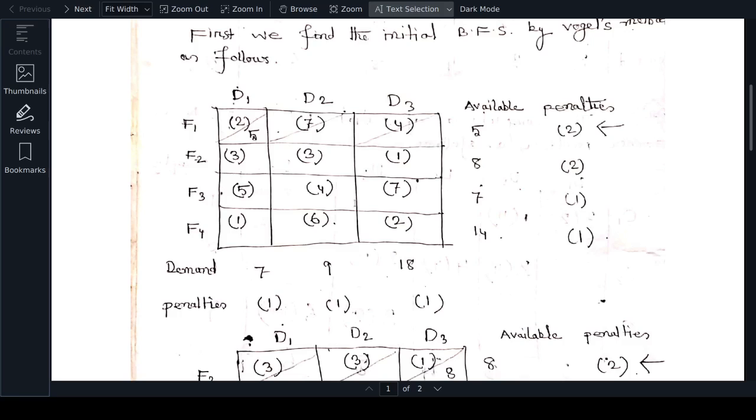After finding the penalties, next you check the maximum penalty and mark it. Here maximum penalty is 2, present in the first row as well as the second row. So we consider the first row. If someone considers the second row, no problem.